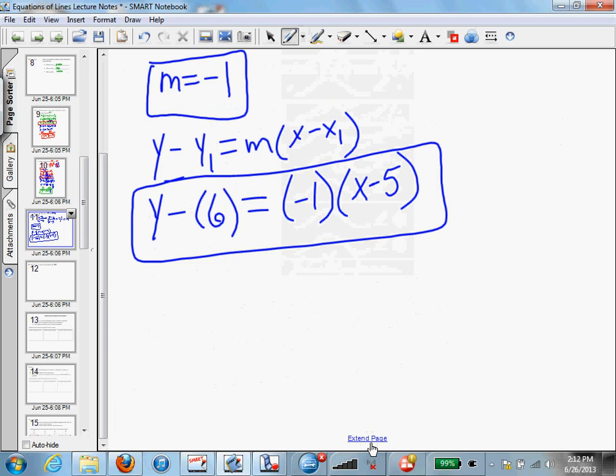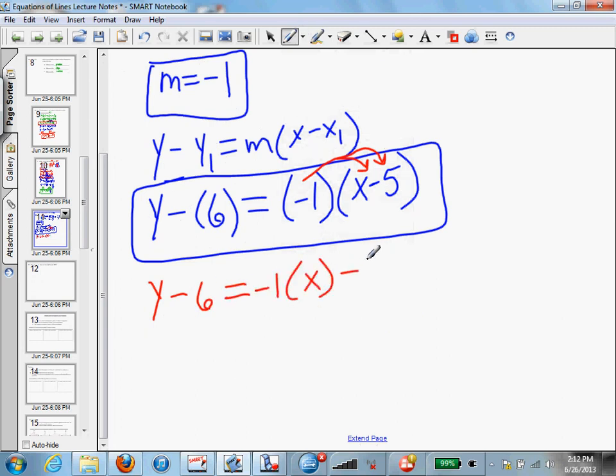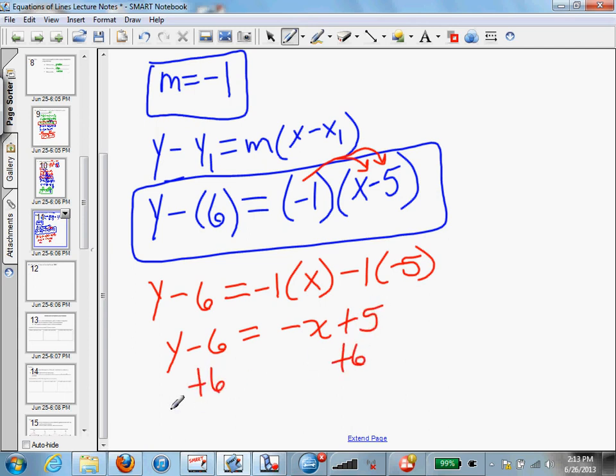Now if we want to carry it forward to slope-intercept, we'll take this negative 1 and distribute across everything inside the parentheses. So we have a negative 1 times x minus 1 times a negative 5. To simplify, we have y minus 6 equals a negative x plus 5. To get y by itself, add 6 to both sides of the equation. That's going to leave you with y equals negative x plus 11.